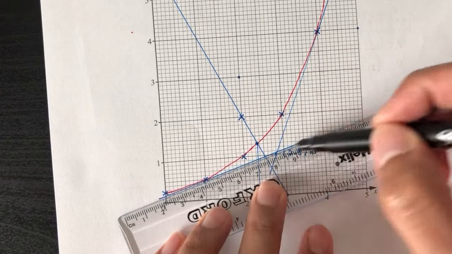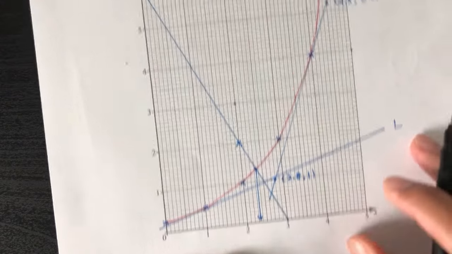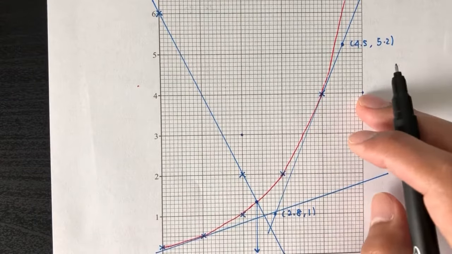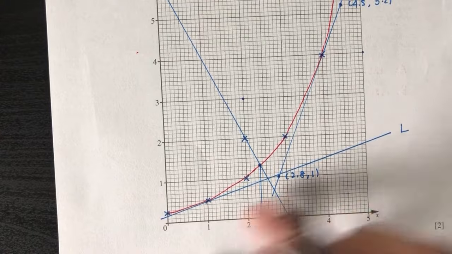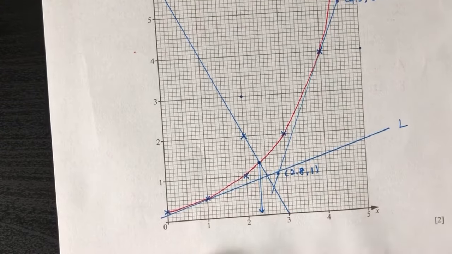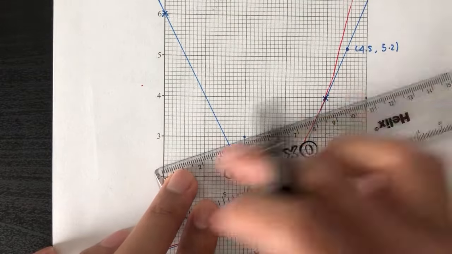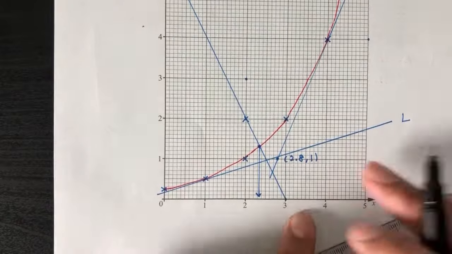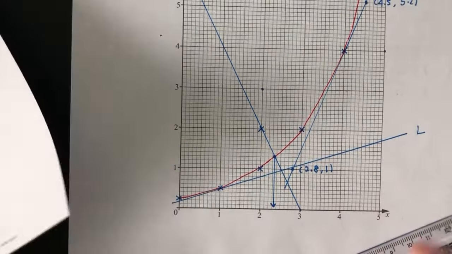This will be the point. That will be your line L, which is parallel to PQ, but it touches the curve at this point. It needs to be in the same direction as this, same gradient as this line. So that's the line L. Now write down the equation of the line L. So we know the gradient of the line L is what?